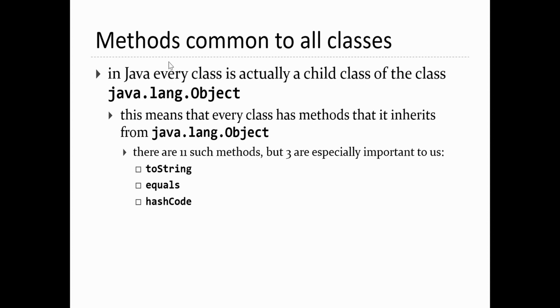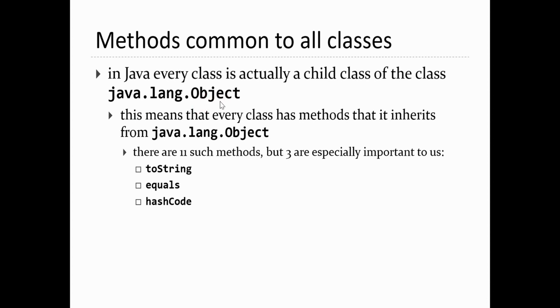So we were talking about implementing methods in a class, so non-static methods in a class. And towards the end of the last lecture, we were talking about methods that belong to all classes. So there's this class called Object, java.lang.Object. And it turns out the way the Java language is designed, all classes are what are called subclasses of Object.